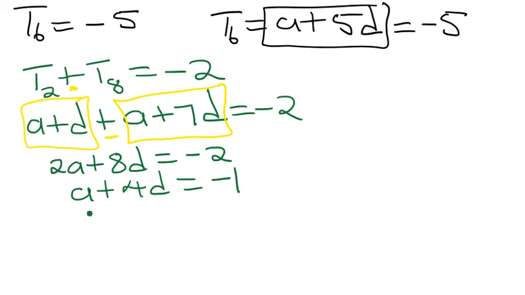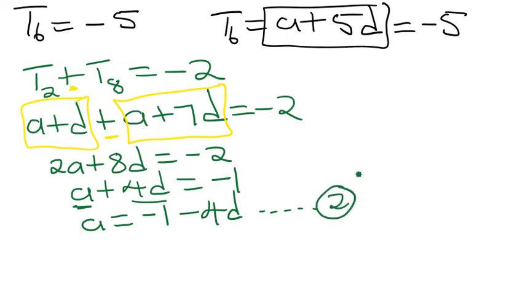Now if we want to make A the subject of the formula, we'll say A is equal to negative 1. When you transpose this, that will be negative 4D. This you can call equation 2. So our equation 1 will be the first one that we have here.